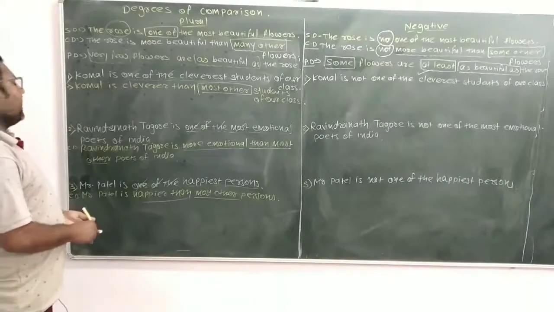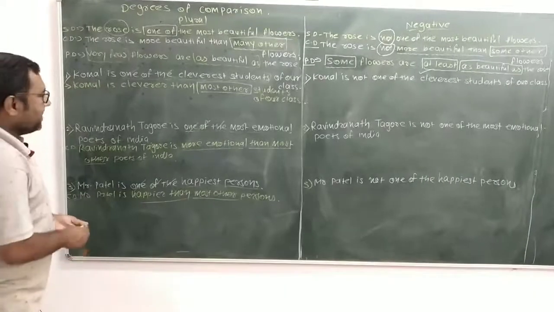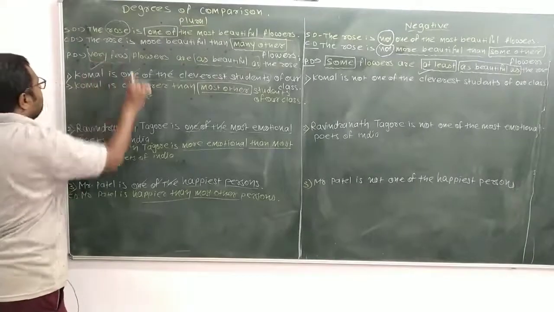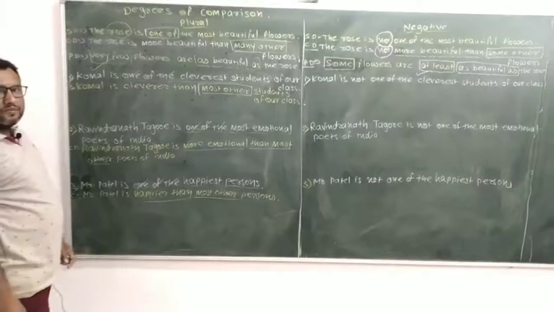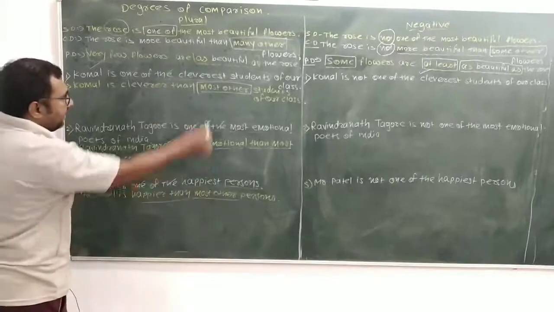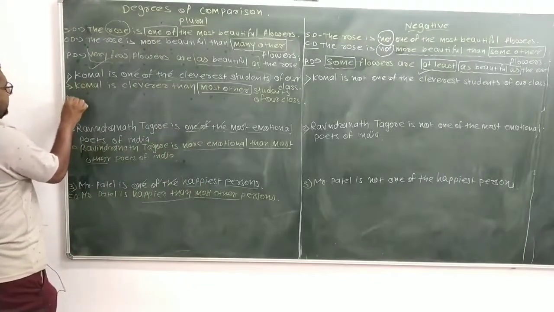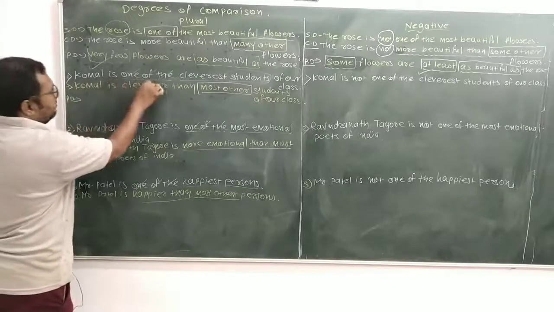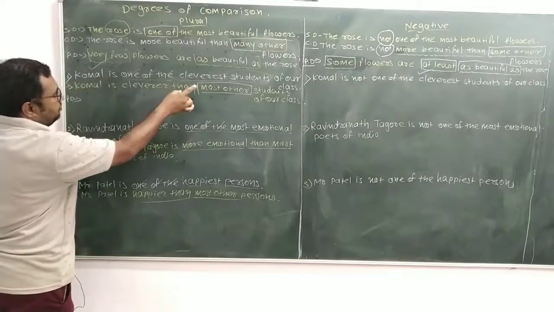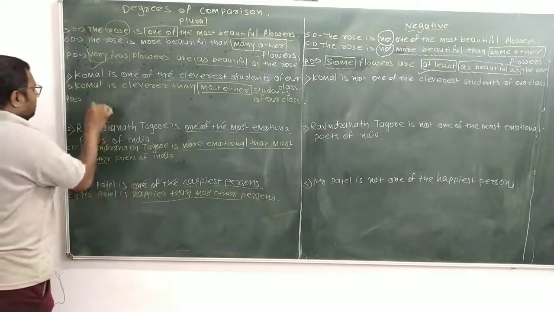Now, we are going to make positive degree. So, you can see that first of all, we have to write "very few" and a plural noun. So, positive degree. Komal is one of the cleverest students. What is Komal? The students of our class.